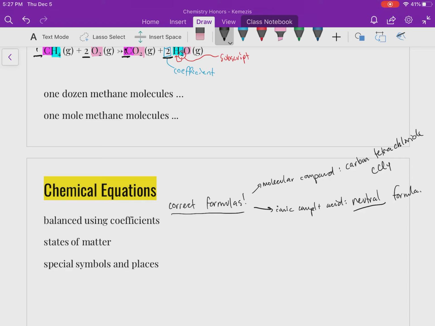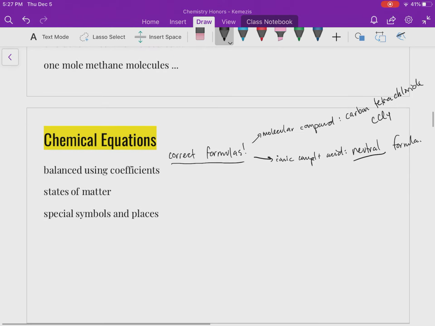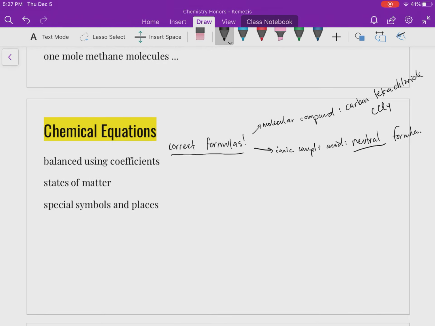This is going to be the place where most people mess up, not having neutral things, because you're more worried about balancing first. The most important thing is to have neutral formulas for ionic compounds and acids, and correct formulas overall. But it's the ionics and acids that are going to get you.